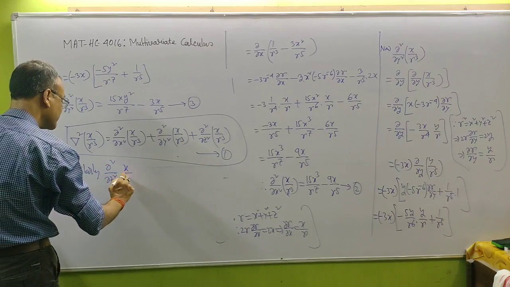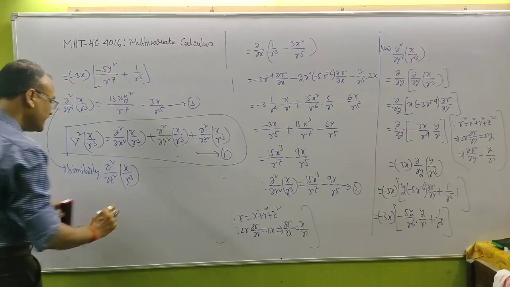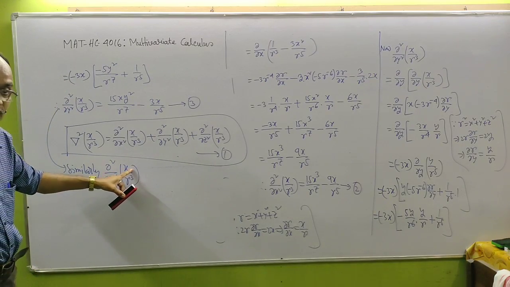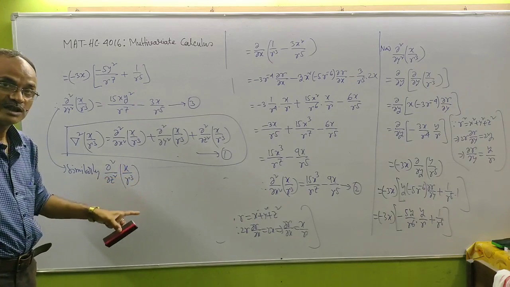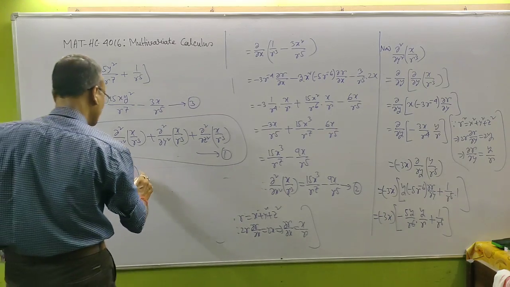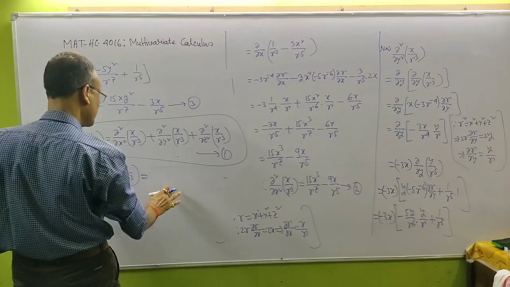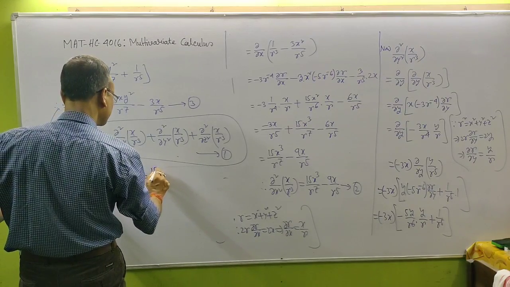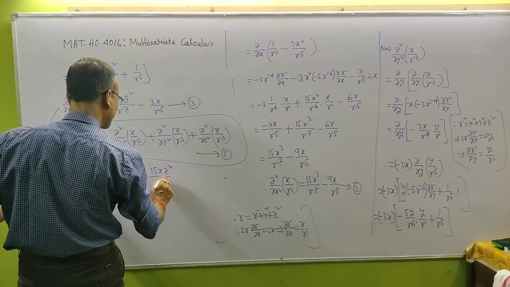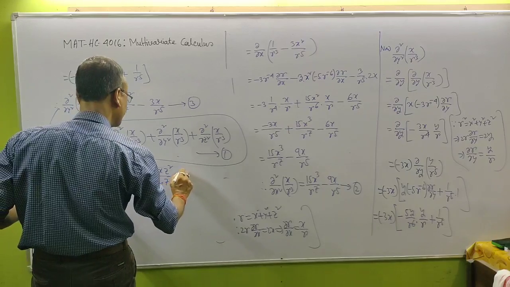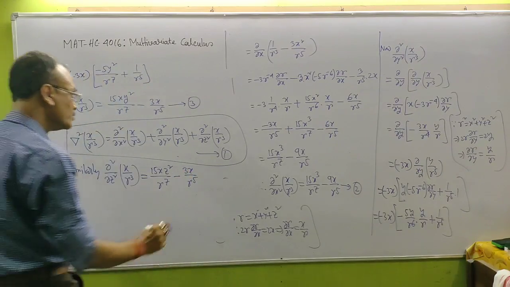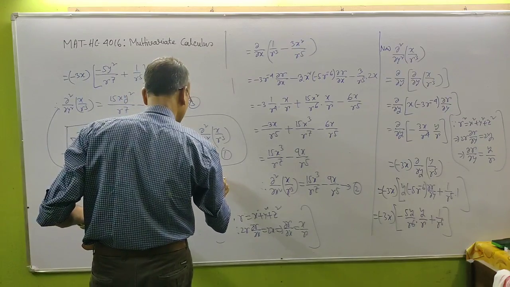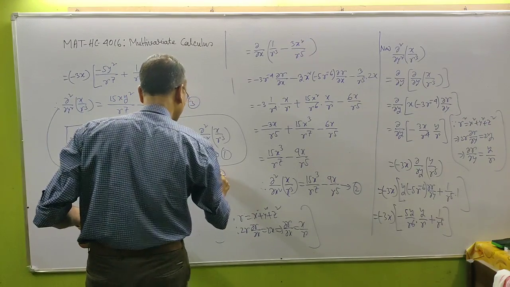In this case also x is constant. x will be regarded as constant if you differentiate this partially with respect to z. This is equal to 15x z square by r to the power 7 minus 3x by r to the power 5. It will be like this. Suppose this is number 4.